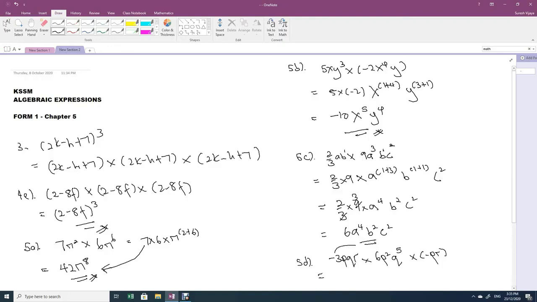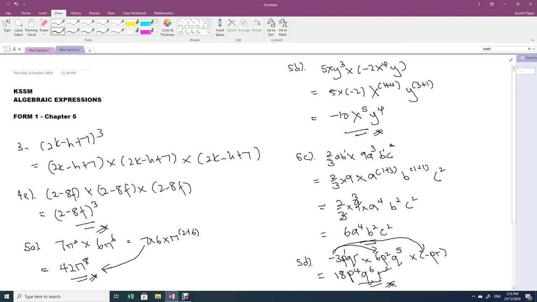We have 3 times 6 times negative 1. That will be positive 18, because negative times negative will be positive. Then we have p to the power of 1 plus 2 plus 1, which is 4. For q, 1 plus 5, so it's 6. For r, 1 plus 1 is 2. Okay, that's question 5d.